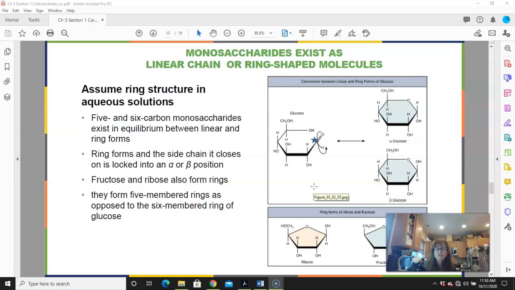And if you have an aldose sugar, in other words, that C double bonded oxygen is at the very end of that straight chain molecule, then this is what it will typically form, this hexagon shape, the 6 carbon sugar. But notice it forms the hexagon.